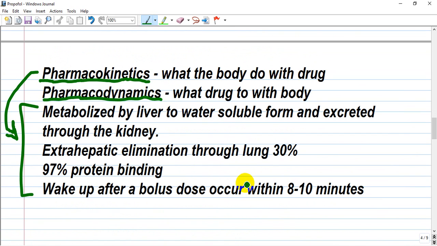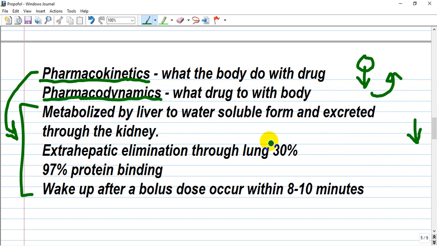So what are the pharmacokinetics and pharmacodynamics of this drug? Pharmacokinetics represent what the body does with the drug. So it means if this is a tablet, it will come to the gut, it will be absorbed, it will come into the bloodstream, it will go to the liver or other side for metabolism and will be excreted through urine, for example.